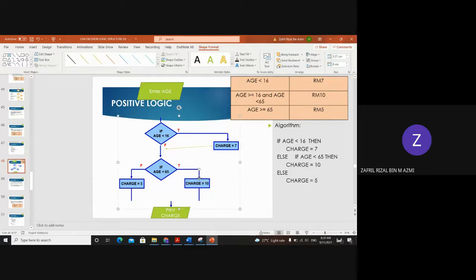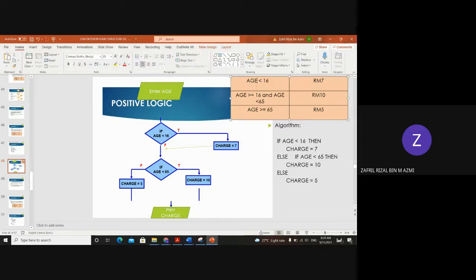Let me put it over here. And if you have 3 conditions, it will list all 3 conditions, not 3 minus 1 anymore. So you have 3 diamond symbols. So age more than or equal to 65. So this is a comparison.